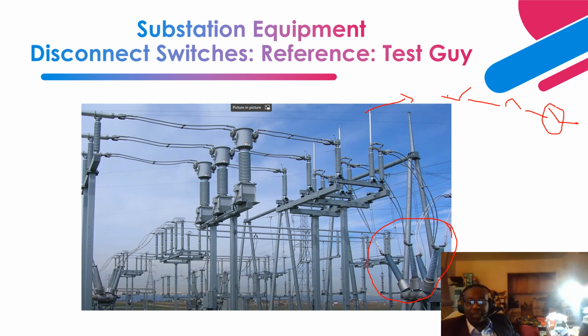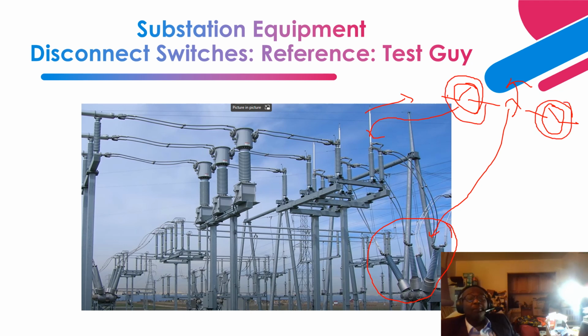These are the disconnect switches, you can see over here. This is the circuit breaker. If I de-energize the circuit by opening the circuit breaker, due to a casual operation action or a fault condition, once I have successfully opened the circuit breaker, then I can open these disconnect switches.